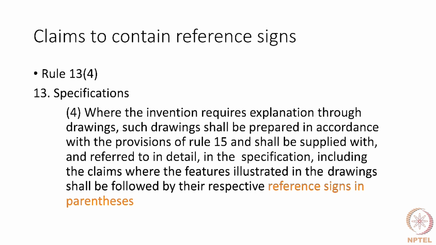So, if your invention is for a pen and there is a nib in the pen which has been marked as 7, when you mention nib in the claim, it has to be followed by 7 in parenthesis. We will be showing you examples. You would have already seen the Bajaj TVS case, the patent that was involved in the Bajaj TVS case where this point was shown.